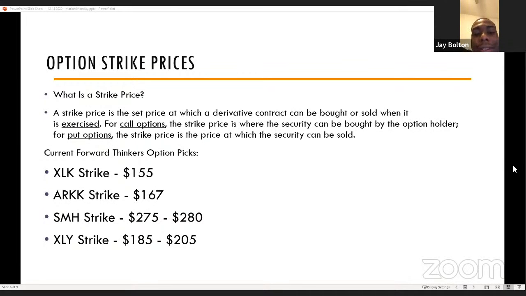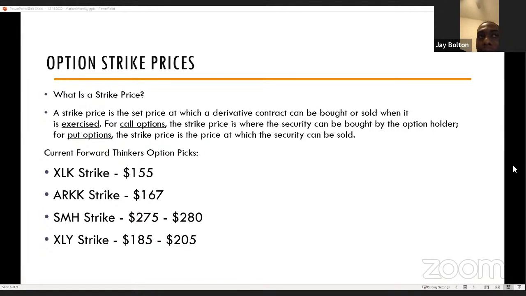to amplify your gains. Some of the current strike prices the forward thinkers are looking at are the XLK 155 strike, the ARKK 167 strike, the SMH 275 to 280 strike, and the XLY 185 to 205 strike. If you're approved for options in your brokerage and you pull these up, you can look over the prices.